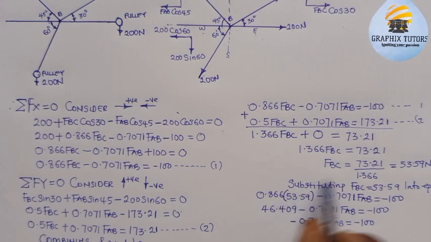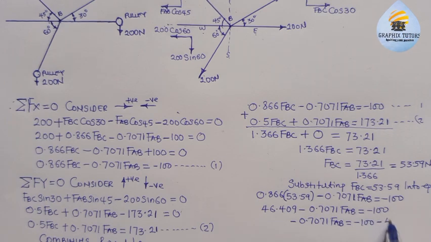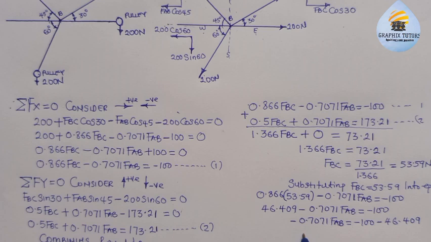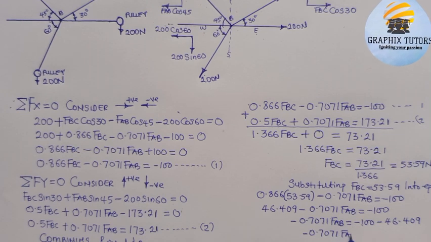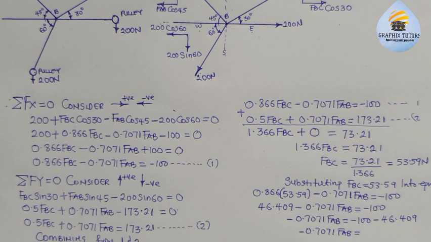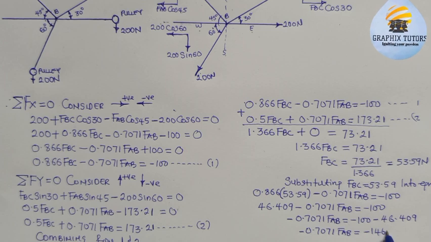When this 46.409 is coming to this side, it will become minus. So from here, minus 0.7071 FAB will now be equals to minus 146.409.